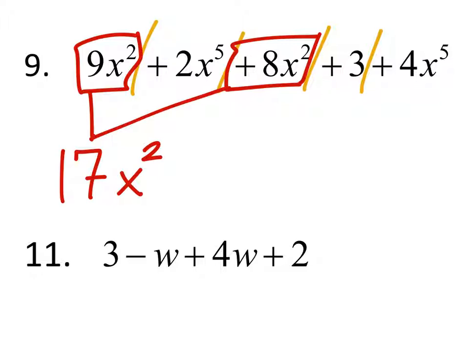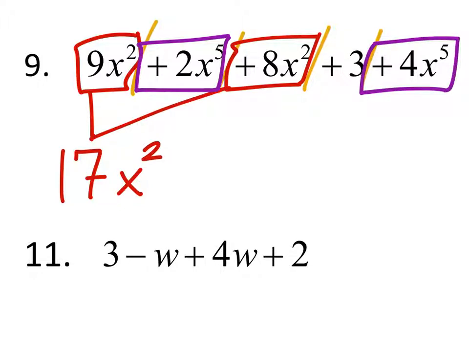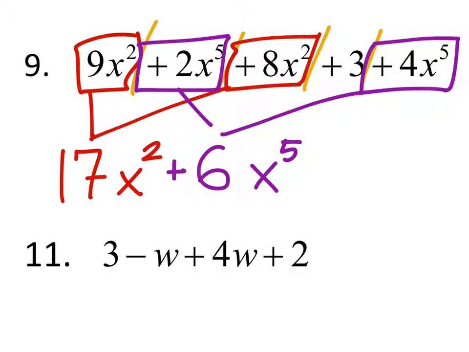Let's move on to the next term here. Here we've got this 2 times x to the power 5. Well, the 3 doesn't have any variables there, no x's, no letters. But this positive 4x to the power 5 does. And it is a like term, so we're looking at x to the power fifths. If I had 2 of them and then 4 of them, I would have a positive 6x fifths.